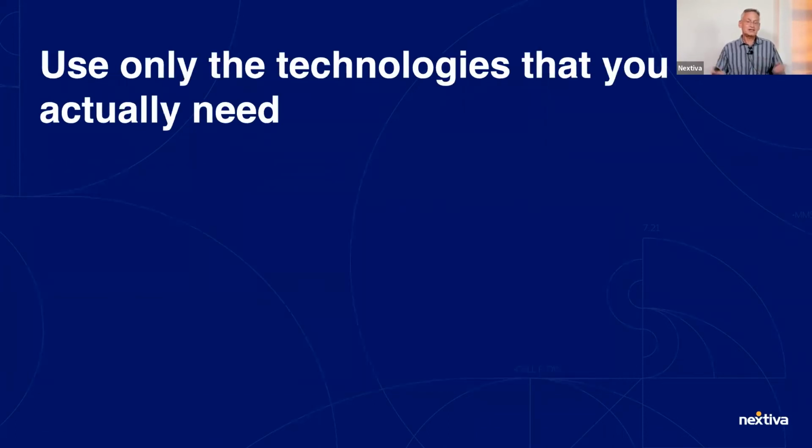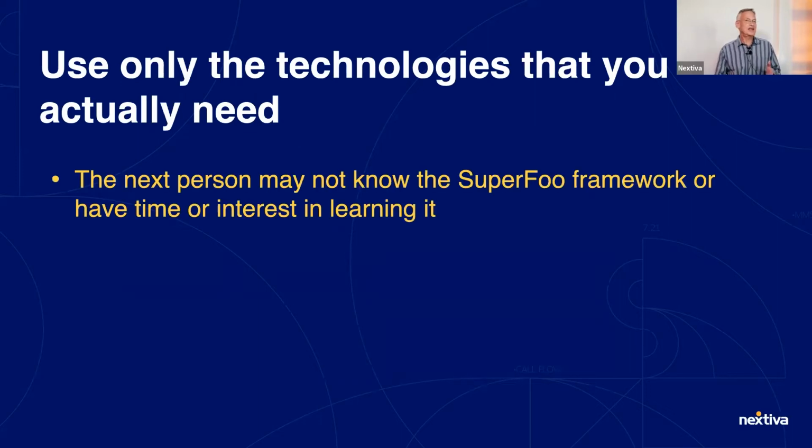And the next one is another sort of obvious one, but one that you have to think about. Use only the technologies that you actually need. You remember that the next person may not know the superfoo framework that you like. That's your thing that you really have been looking for an opportunity to use. That is not inclusive.